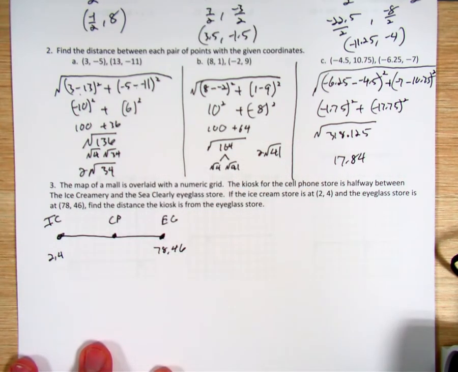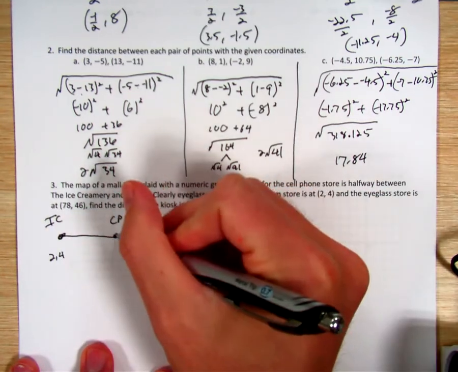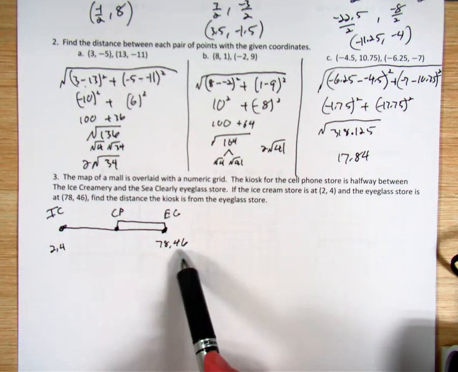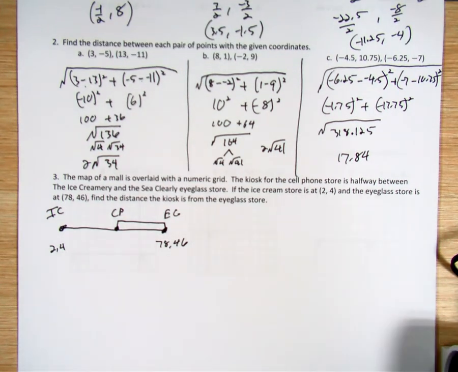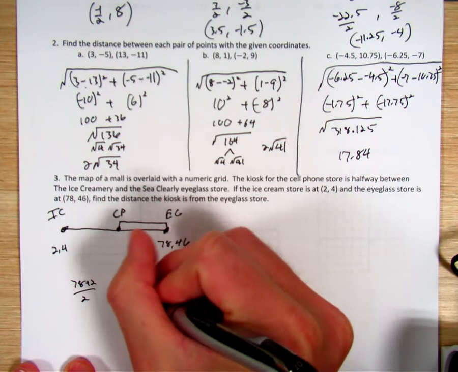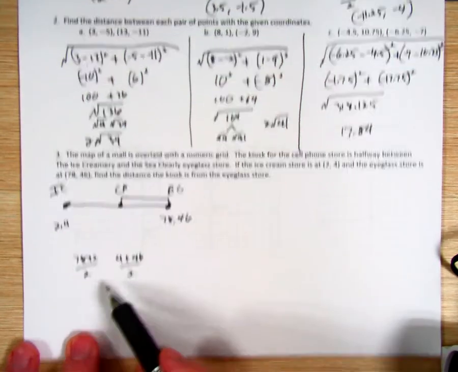Okay, so we're going to have to use, because it doesn't want this distance, it wants this one. So I guess if you want to do the lazy way, you can just do the distance here and cut it in half, because it's halfway between. I'm thinking it wants us to do the midpoint. So we'll do the midpoint.